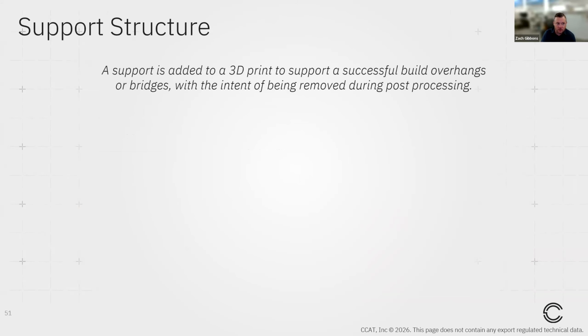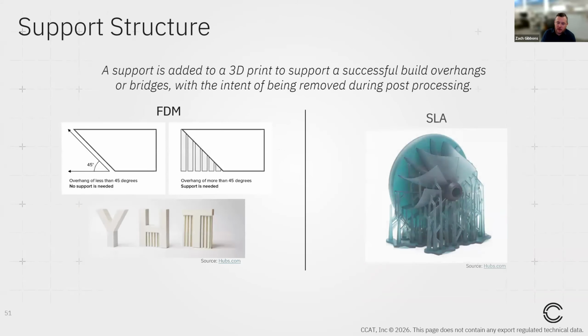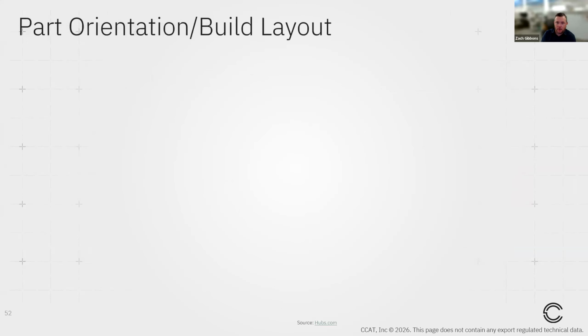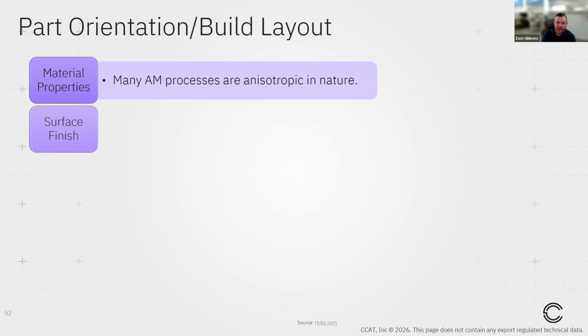I mentioned support structure briefly. These are just some examples of how we use support structure in some processes: filament printing on the left, resin printing on the right. And the whole point here is we can't generally print in open space. We need some type of substrate to print on. I mentioned part orientation versus build layout, right?